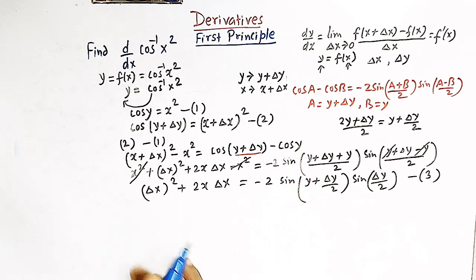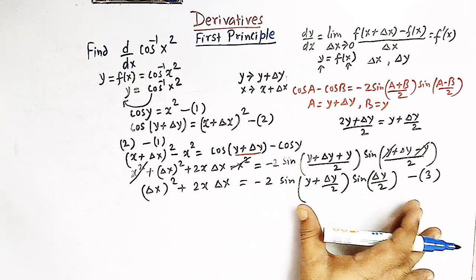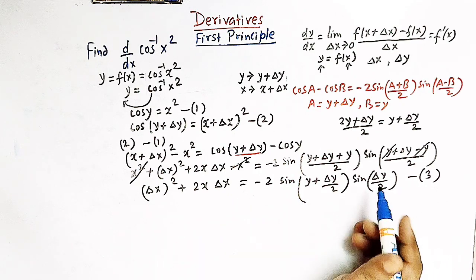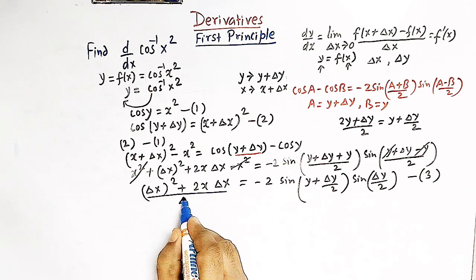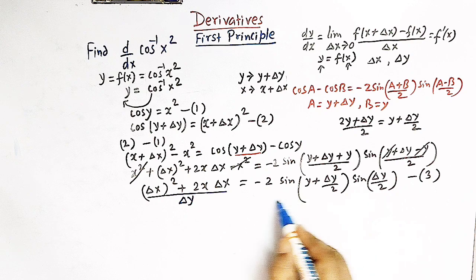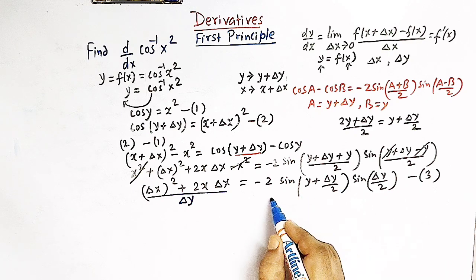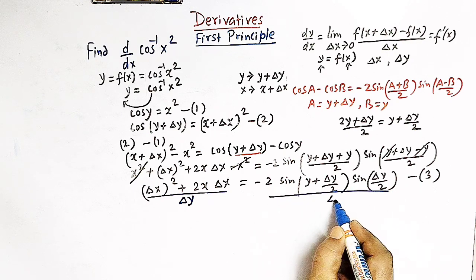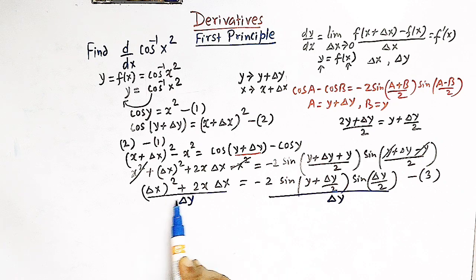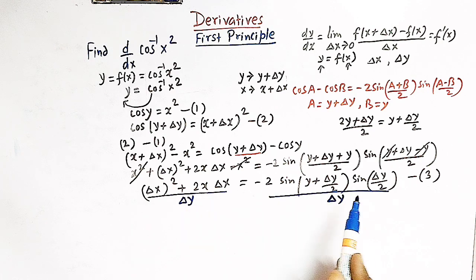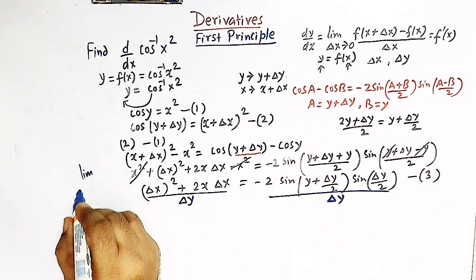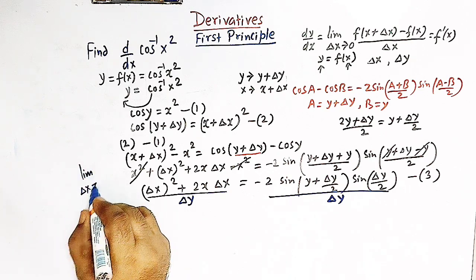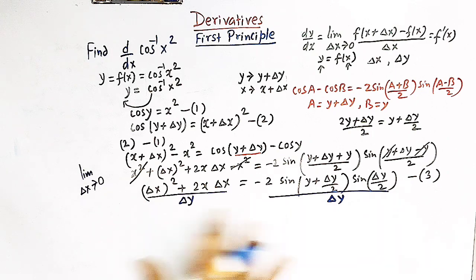So now the next step is to divide both sides by delta y, right? So here we can write delta y, and here also we can write delta y, right? So what we have done, we are dividing both sides by delta y, and now let us take the limit, that is the limit delta x tends to 0 on both sides.